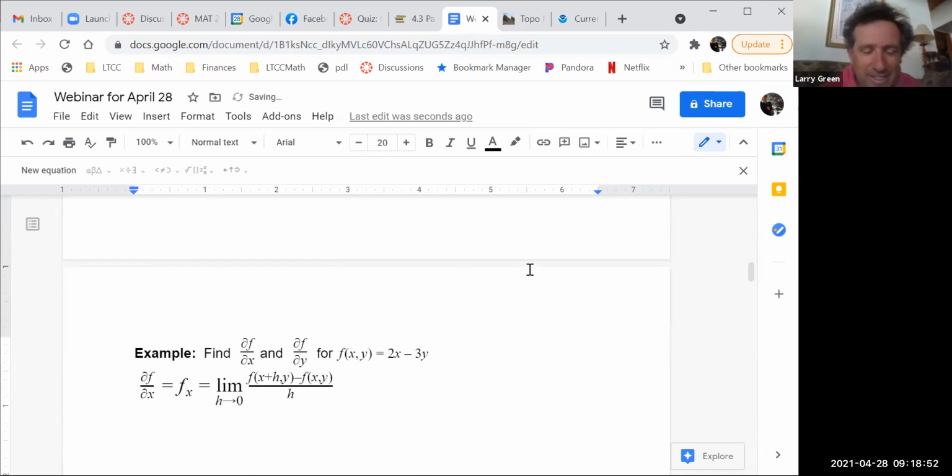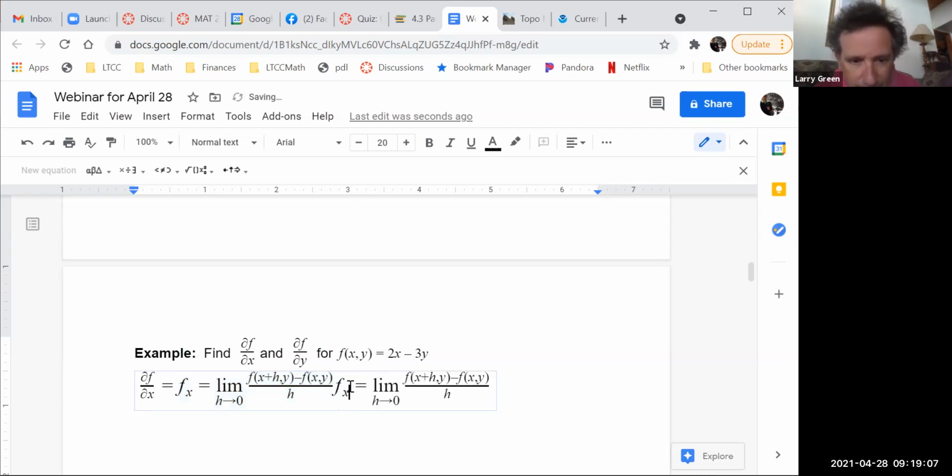So there's our definition. Then I could write down equals, and I'm going to copy and paste this part too. So we're going to have a limit as h goes to 0.